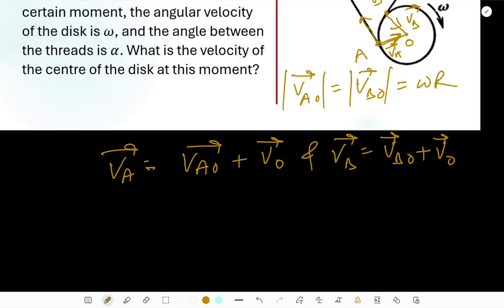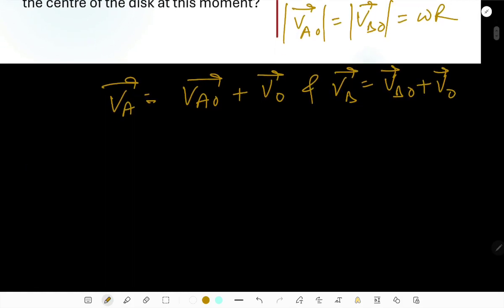We need to find the value of the velocity of O. The velocities of A and B with respect to O both have the same magnitude, omega times r. Let us assume that the velocity of point O has magnitude V. I simply termed it V.